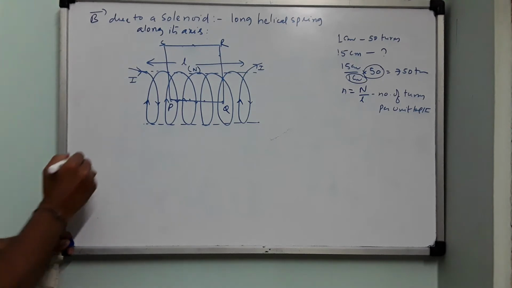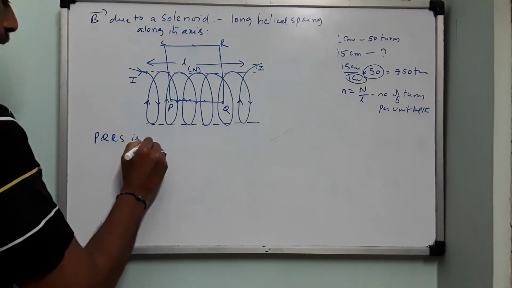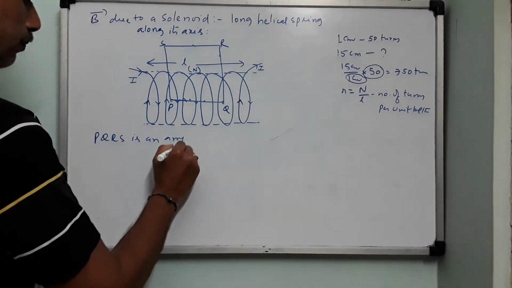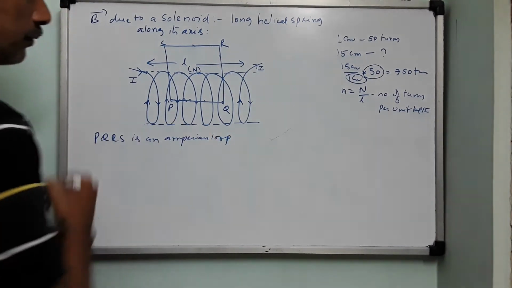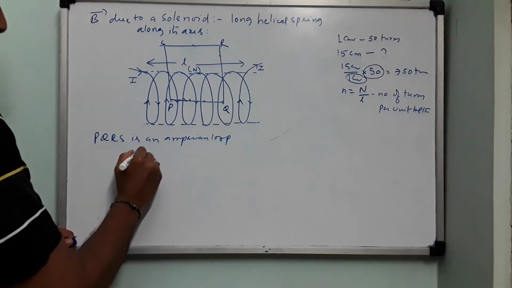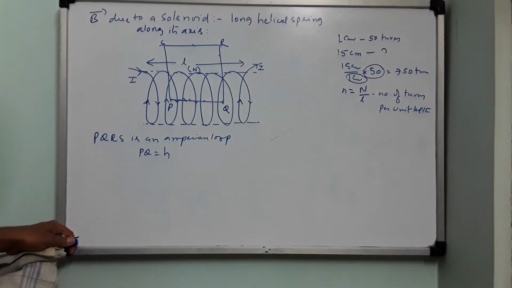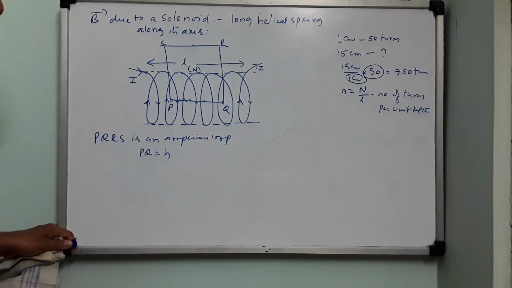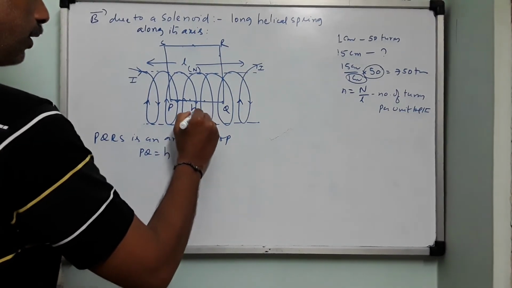So what is PQRS? PQRS is an Amperian loop, with PQ equal to h. From P to Q, the total length is h, which I am drawing.